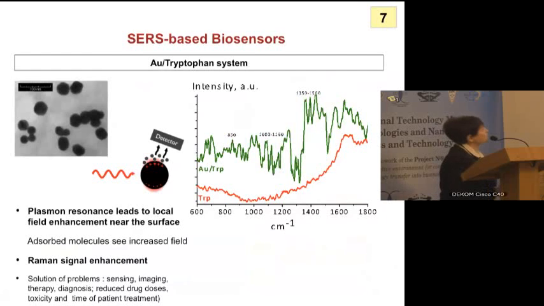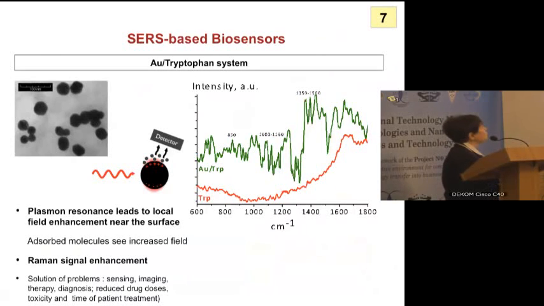What is important is that the enhanced Raman signal of molecules located near a nanoparticle is well known.